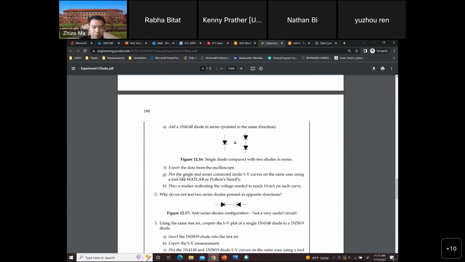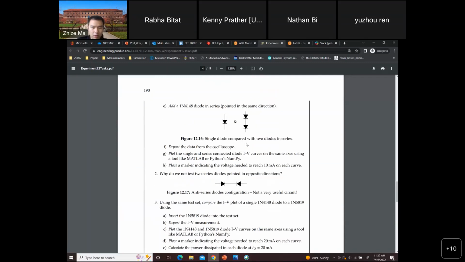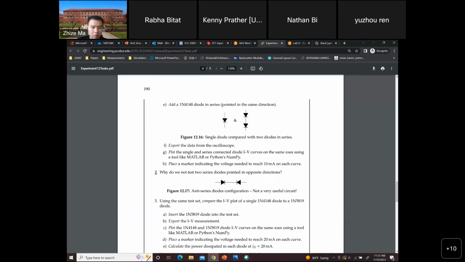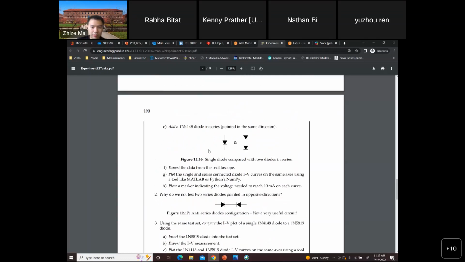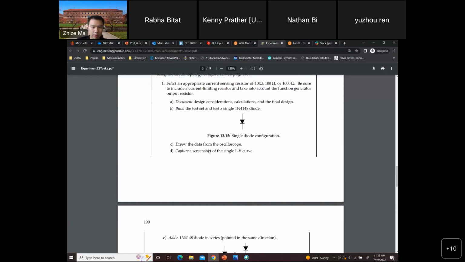Then you will put the 2 IV curves on the same axis, and you will see what's the difference between one single diode and 2 diodes in series. Then step number 2, you just answer the question here, and step number 3 and number 4 are basically similar to step number 1.